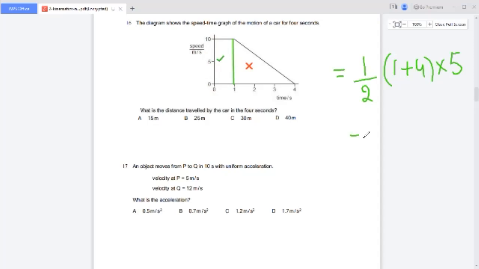Oh, height is 10, sorry. Actually here it is 10, so I misjudged. So this is cancelled with this one.